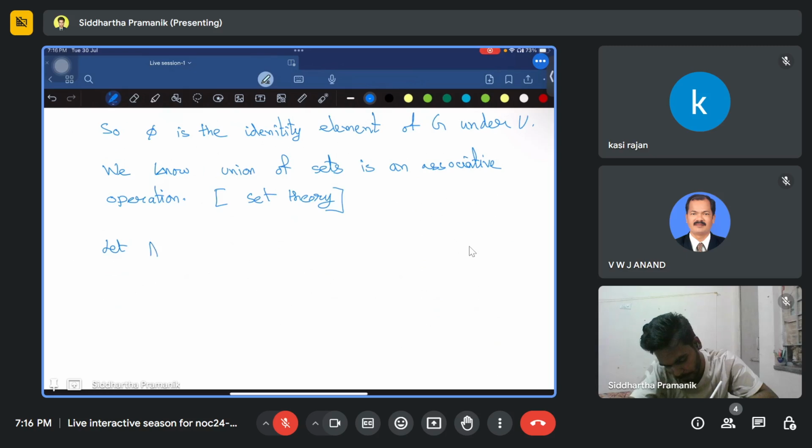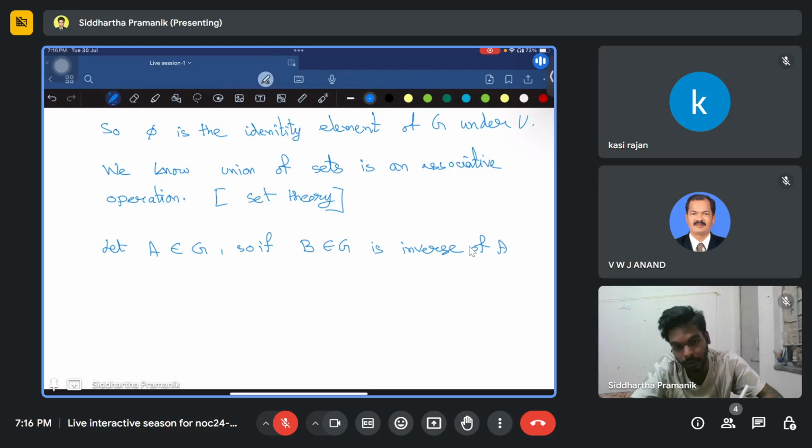Let A be an arbitrary element of G. If B belonging to G is the inverse element of A, then A union B should equal the identity element, which is the empty set, right?